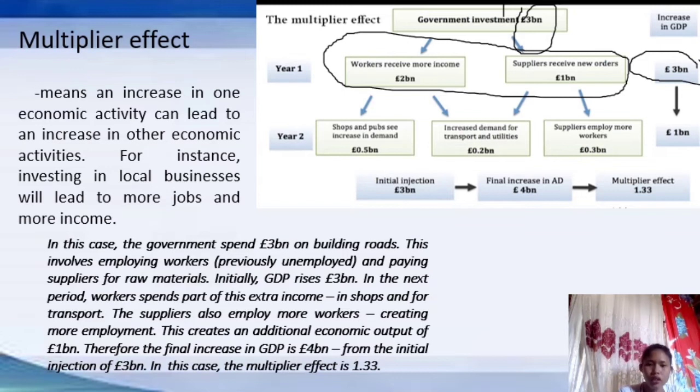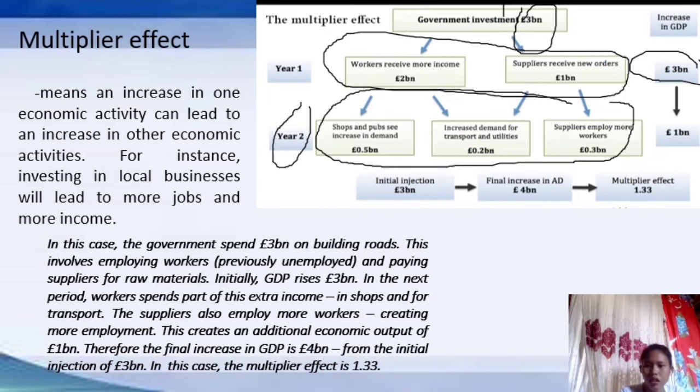In the next period, this year too, workers spend part of this extra income in shops and on transportation. These are the shops, transportation, and the suppliers. This creates an additional economic output of £1 billion.